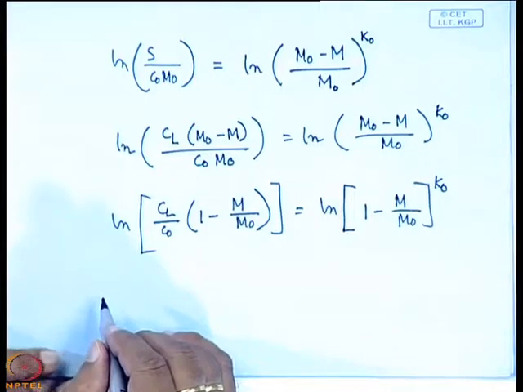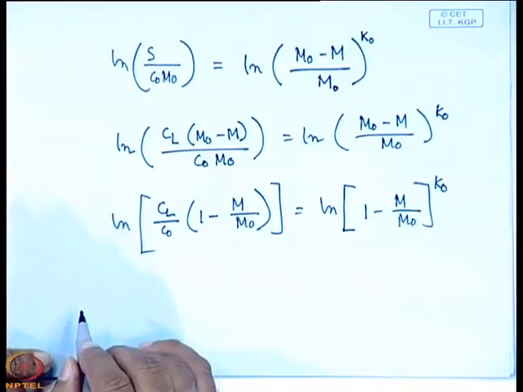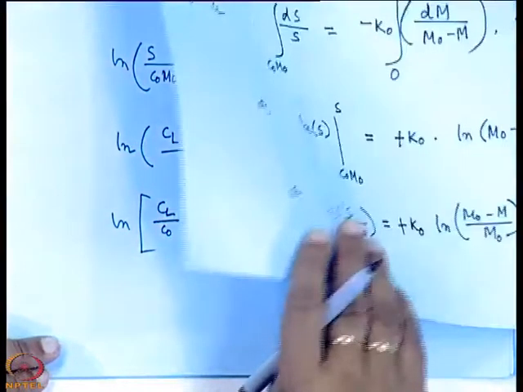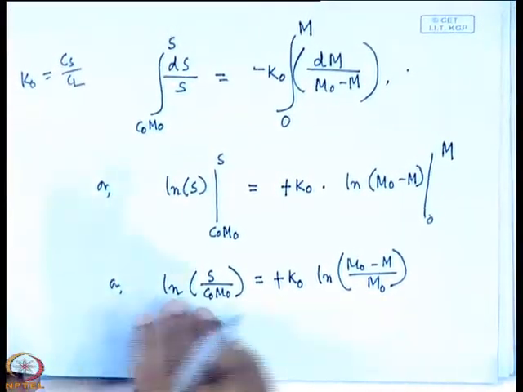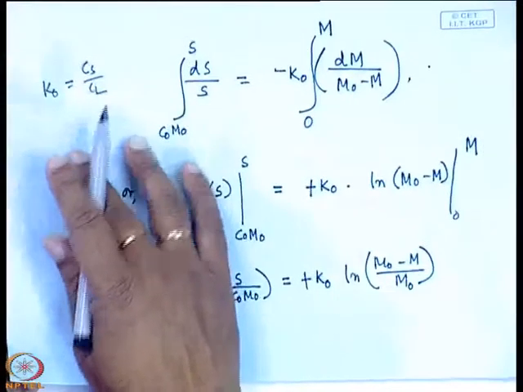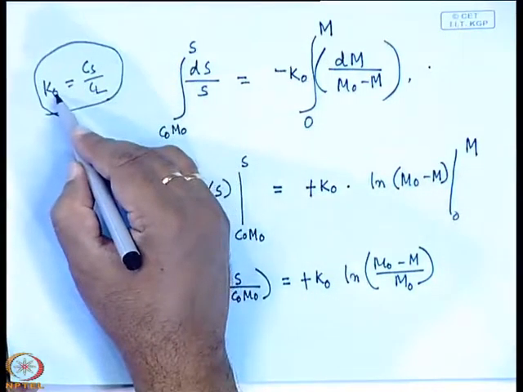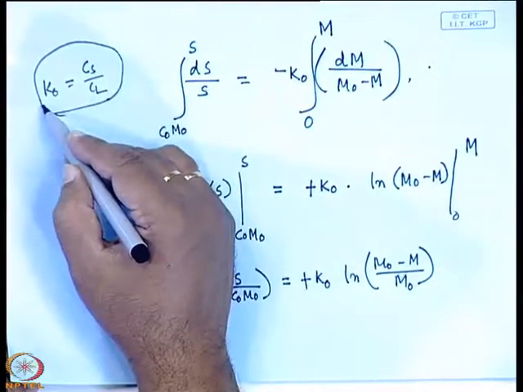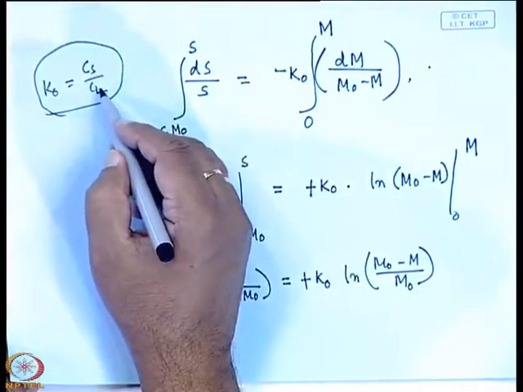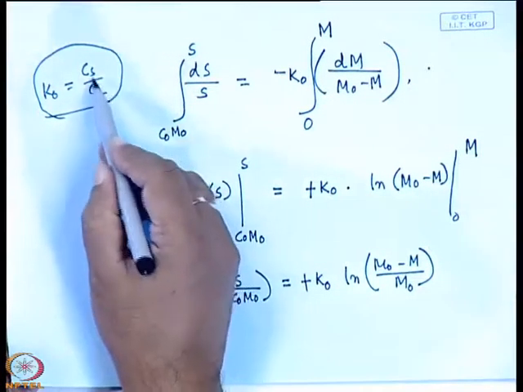Then you put this equation, that means Cs by Cl equals k0. In place of Cl, you can write Cs by k0.